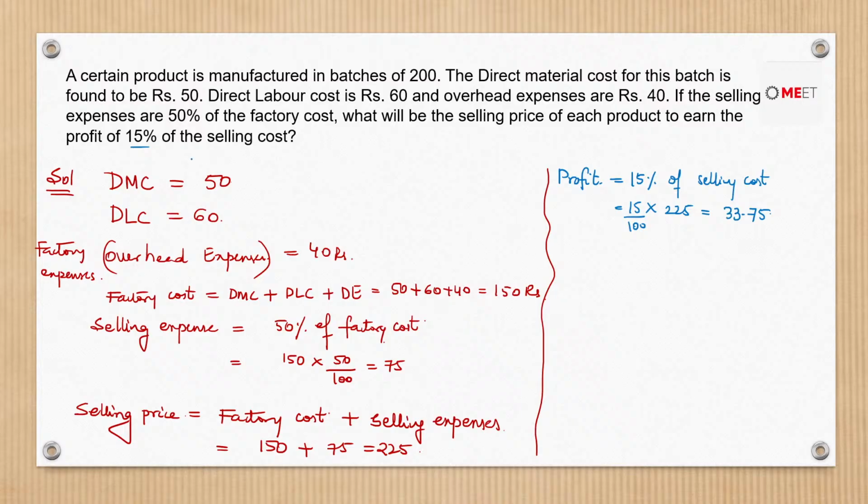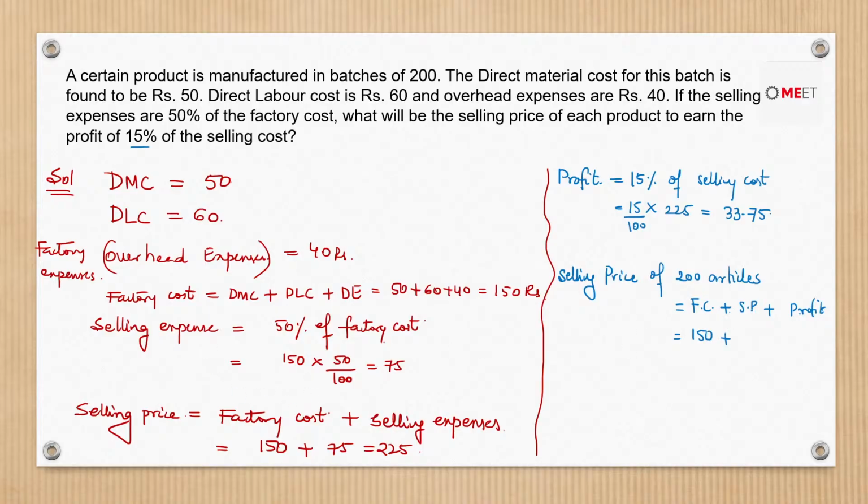Now, the selling price of 200 articles is equal to factory cost FC plus selling expense plus profit. Factory cost is 150.